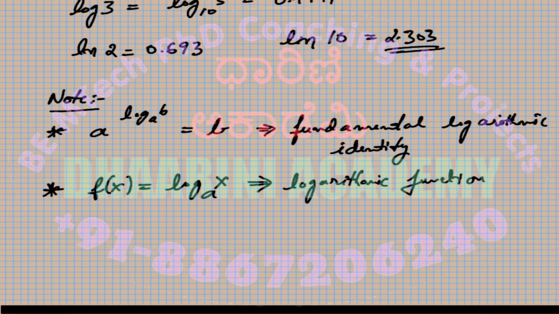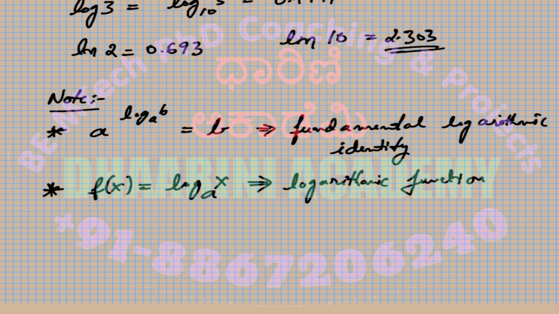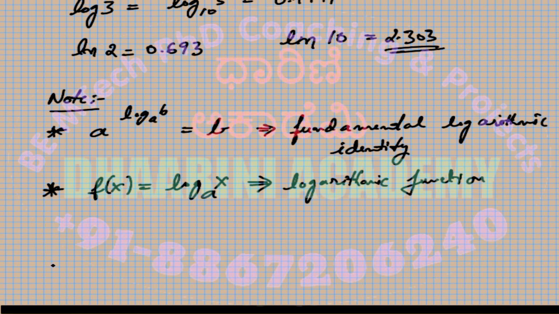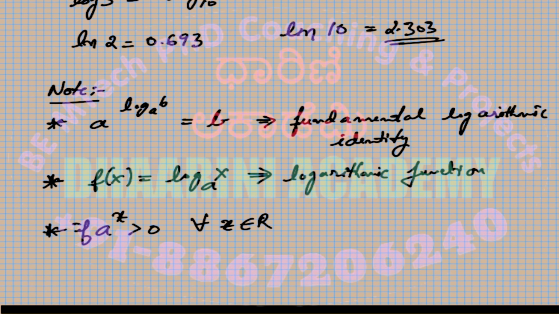All right, then let us consider a situation where we have a to the power x is greater than 0 for all values of x belonging to any real number. We have two possibilities.